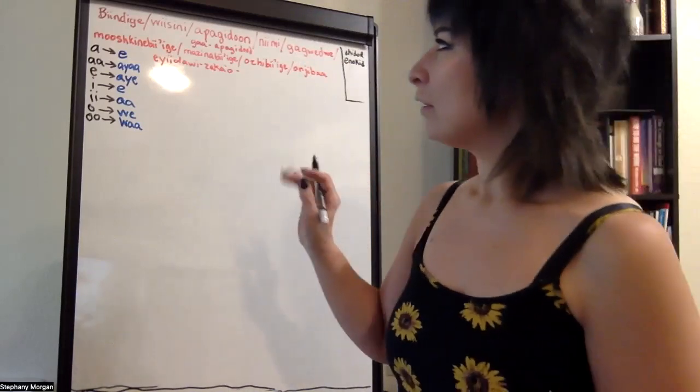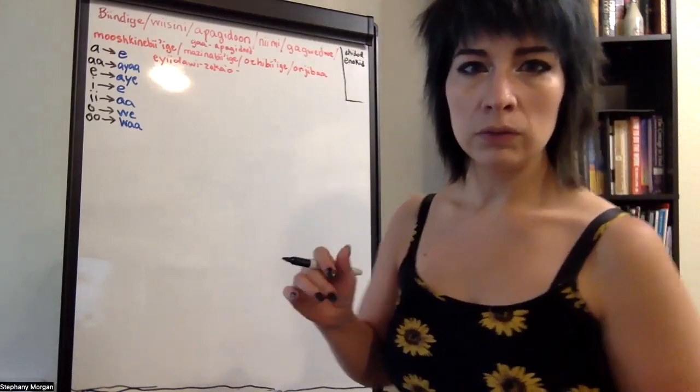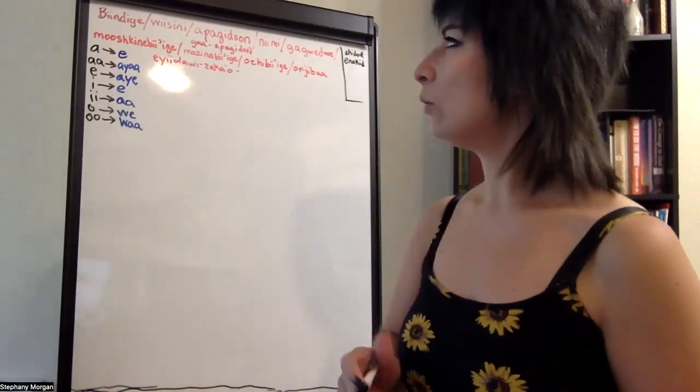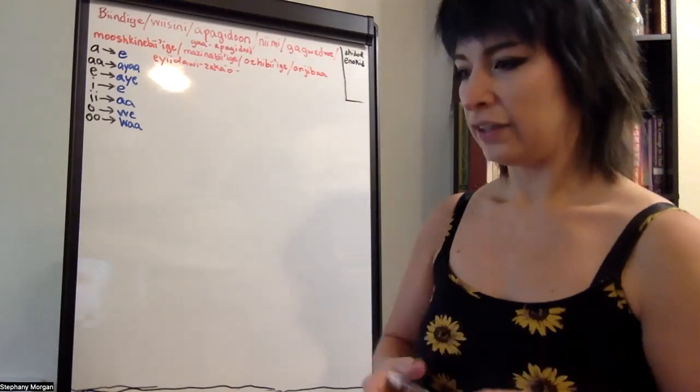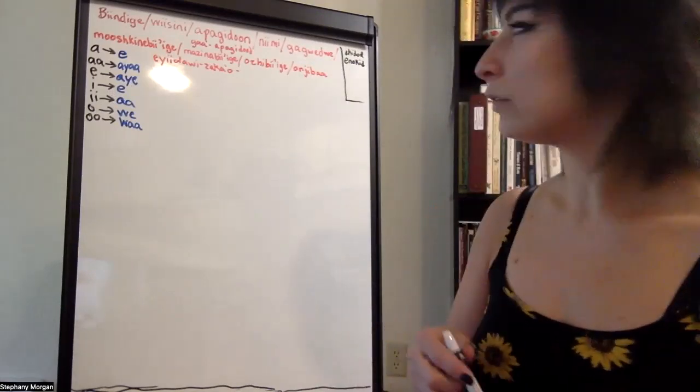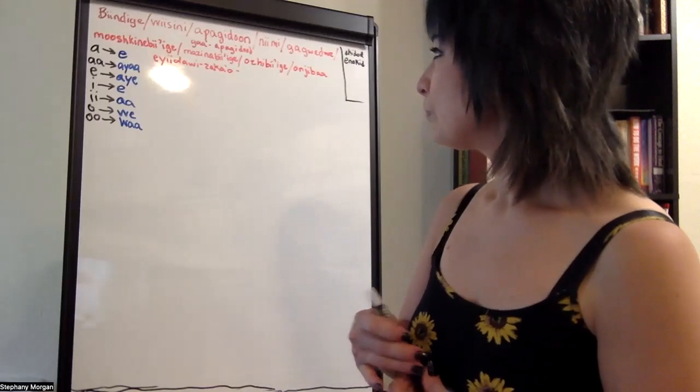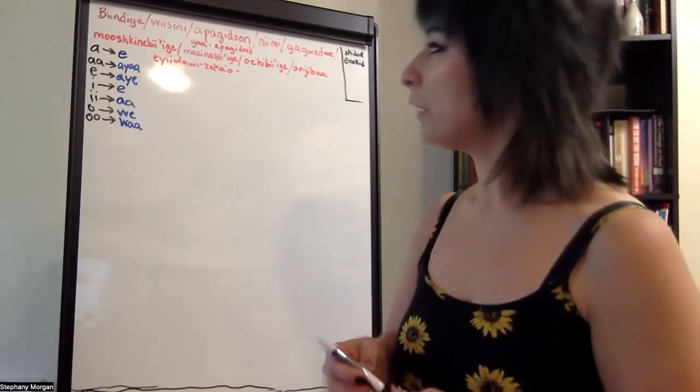So what this does is follow certain rules. It's always the first vowel or vowel set in a word that will change. That's why it's called initial vowel change. This also applies to time tenses.